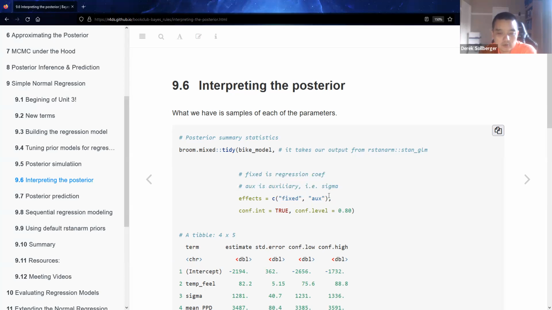The auxiliary variables is referring to sigma. If you study regression, this is analogous to how fixed is looking for the explained variation. The auxiliary is referring to the unexplained variation, or perhaps the noise in the data. And similar ideas to the coefficient of determination.